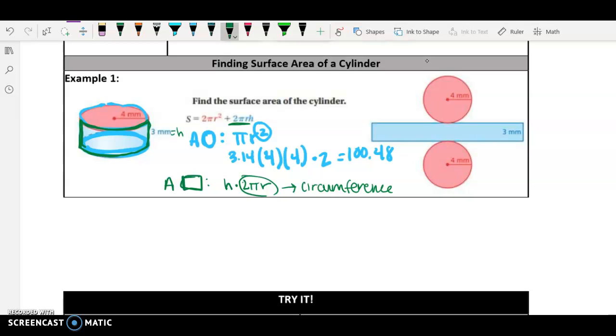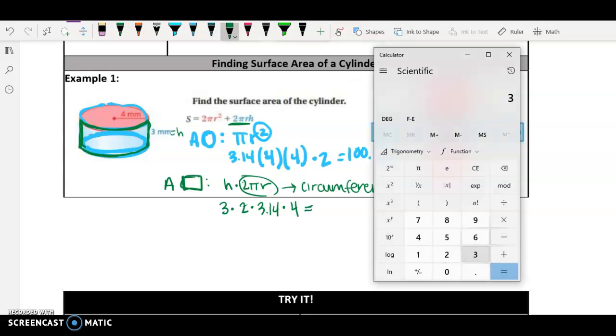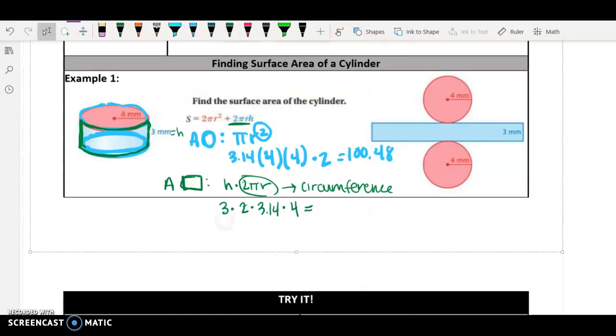We need to know how to do that because they don't give us that distance around the circle, so we have to find it. So we're going to do 3 times 2 times 3.14 times our radius, which you don't just want to put an r there, actually put the radius. That's 3 times 2 times 3.14 times 4, which equals 75.36.